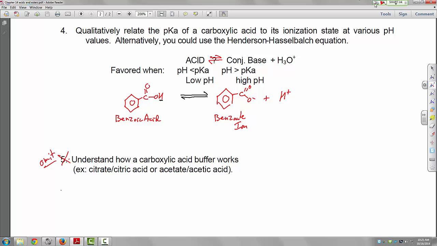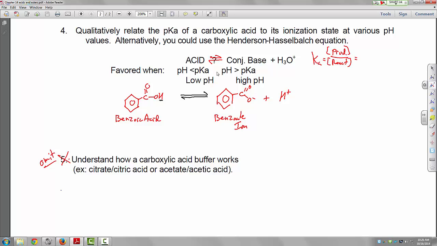And what this is talking about is relating the pKa of a carboxylic acid to its ionization state. The pKa you can kind of think of as a balancing point. And actually, let me just define Ka first. Again, Ka is essentially a ratio of products over reactants, and this is the concentration of the products over reactants.